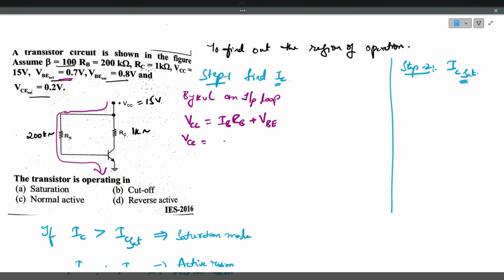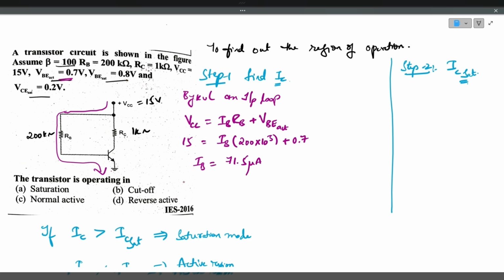Substituting the values, we do not know the value of IB. The base resistance value is 200 kilo ohm, and base emitter active is 0.7. VCC is 15 volts. With this, I get base current IB as 71.5 microamperes.